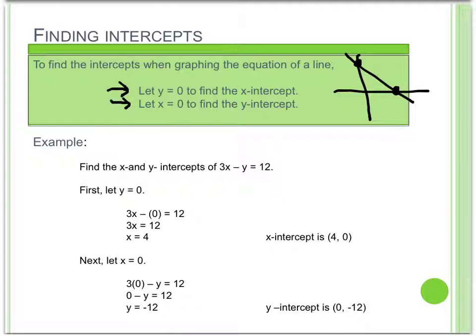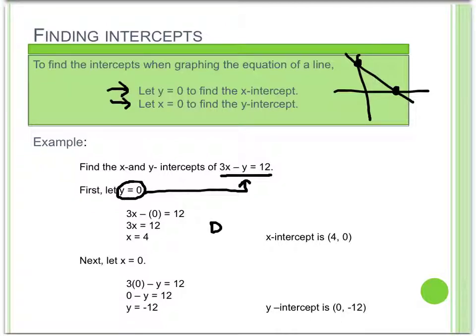For example, if we're asked to find the x and y-intercepts of 3x minus y equals 12, we first want to let y equal 0. If y equals 0, we plug that in for y into the equation. We have 3x minus 0 equals 12. When that's simplified, we're left with 3x equals 12.